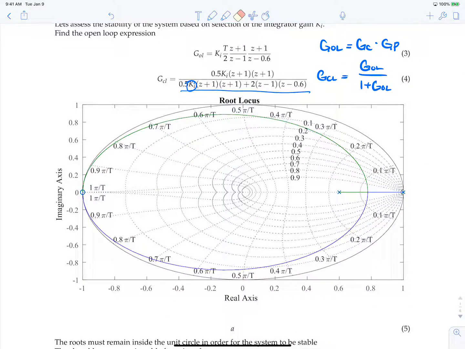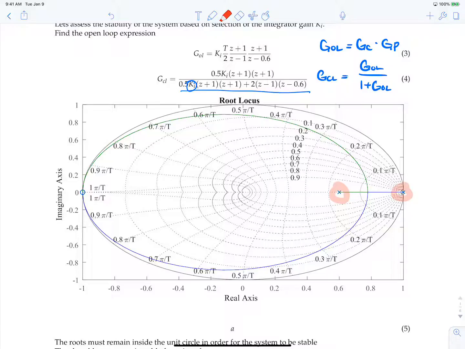In this root locus plot, you see these two x's? These are the starting roots of the closed loop system if Ki were 0. Essentially this tells me the system's probably stable on its own without doing anything, which is interesting. So if we use a Ki of 0, that's what we get.